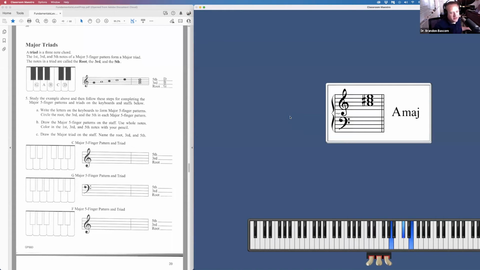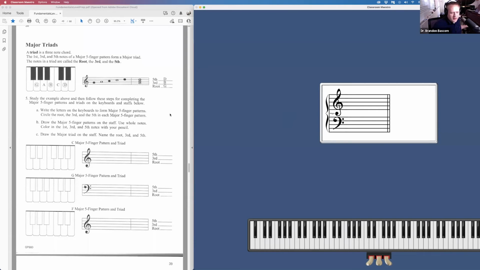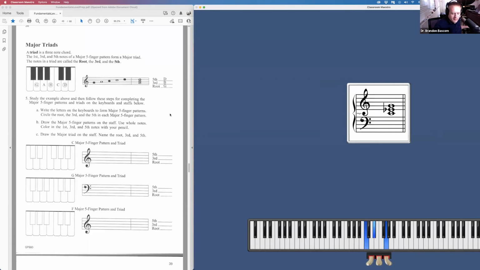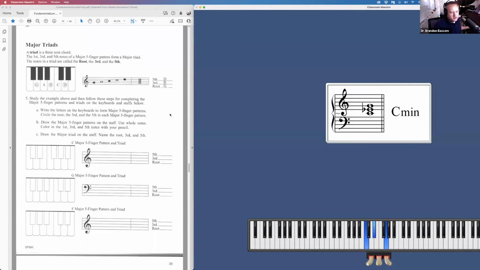So a triad is a 3-note chord. Now I can also have a minor triad by making a minor 5-finger pattern, taking 2 and 4 out, and I get a minor triad or minor chord. And most people think that that sounds more sad or darker.